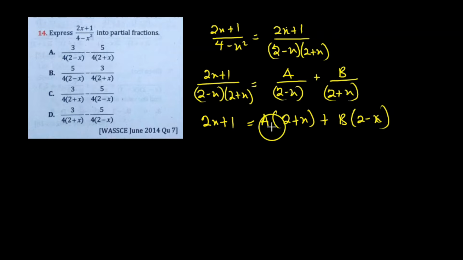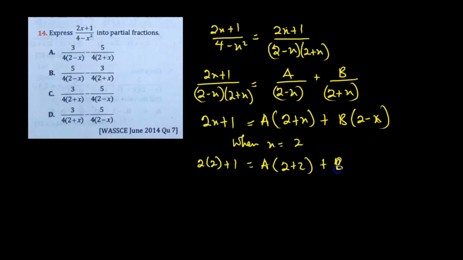So again, I can use the elimination by substitution method here. When x is equal to positive 2, it will get rid of the B. So I'll have 2 times 2 plus 1 equal to A into brackets (2 plus 2) plus B into brackets (2 minus 2). 2 minus 2 will be giving me 0. 0 times B is 0.